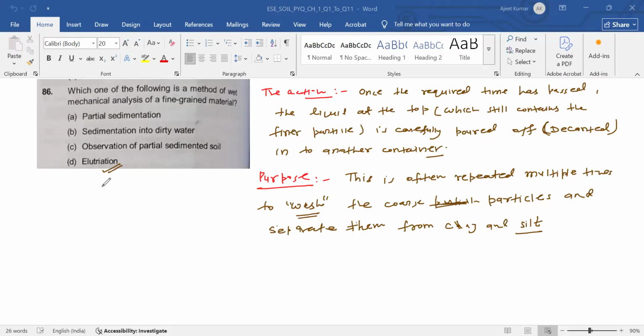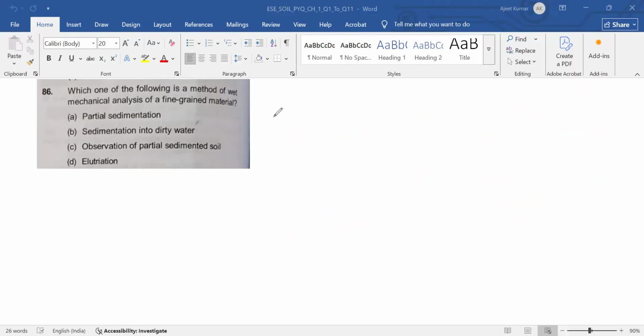You already know these two. The new ones are filtration and decantation. So there are several methods. Let me write the names of all methods so that in future, if a question comes from this, you can easily solve it.